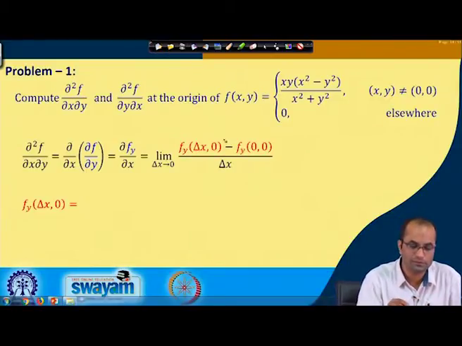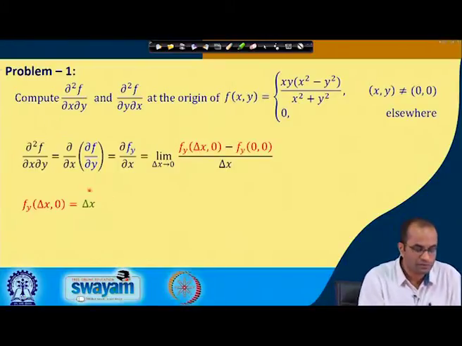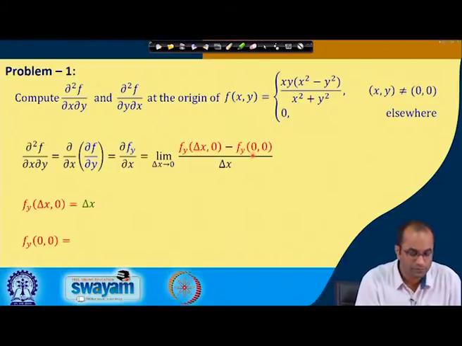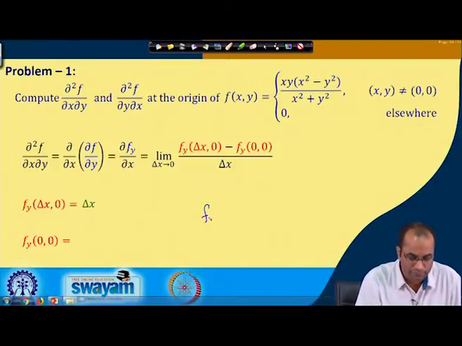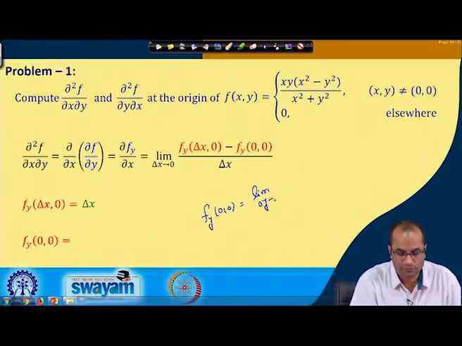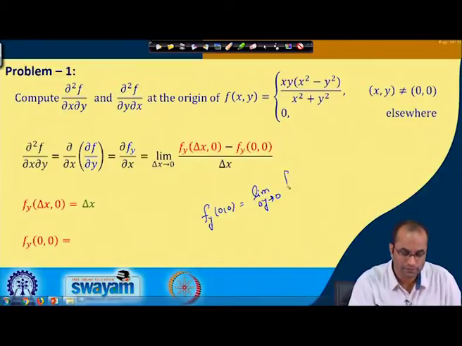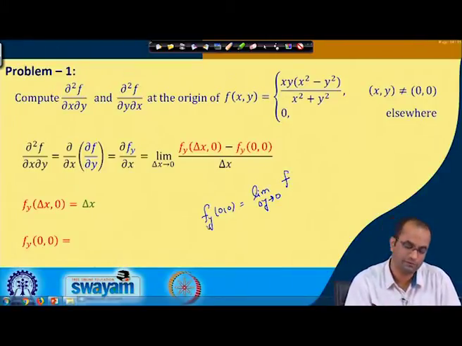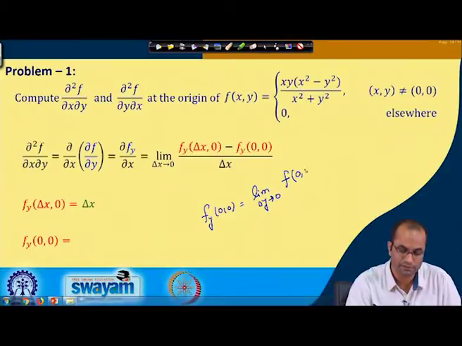Now we have to compute f_y(0, 0). Again we use the definition: delta y goes to 0, of the function f, the partial derivative with respect to y. The 0 remains as it is, so 0 plus delta y.